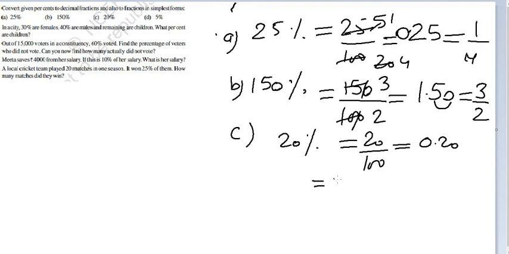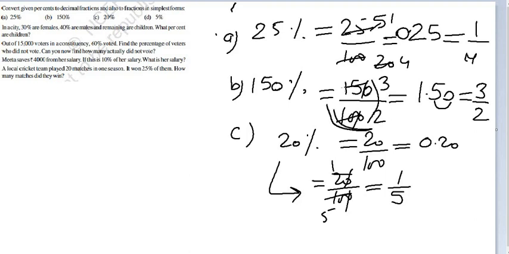As far as the fraction simplest form is concerned, if we are cancelling them, 2 ones are 2, 2 fives are 10. So this will come 1 upon 5. So this is C part. This is simplest form, and this part is the decimal part. In this way, we convert into decimal, fraction and then in the simplest form also.